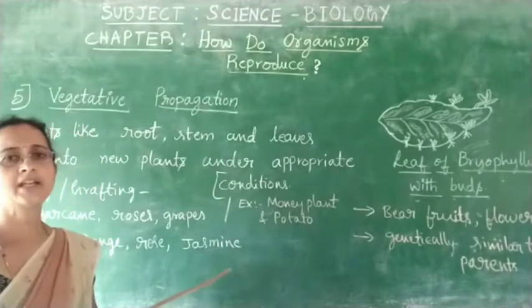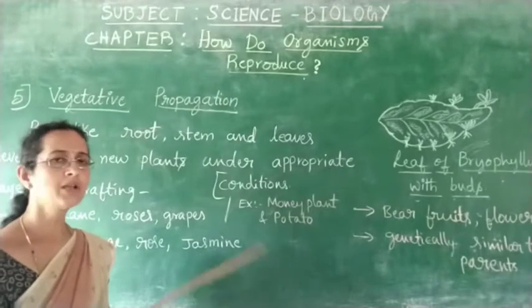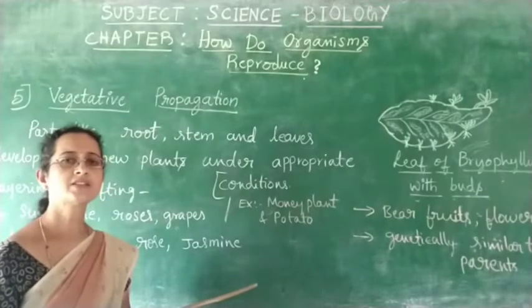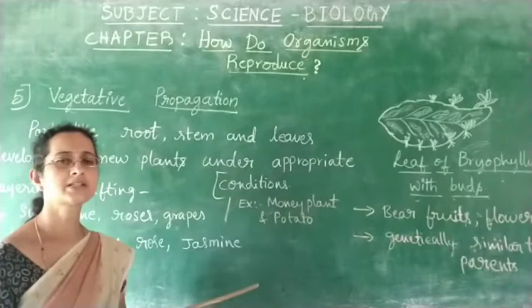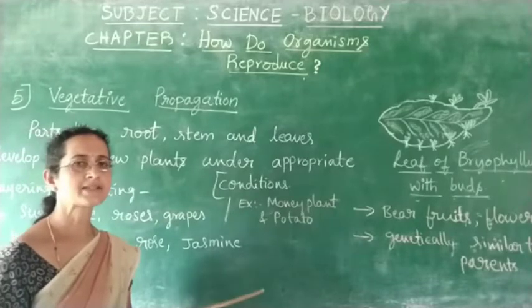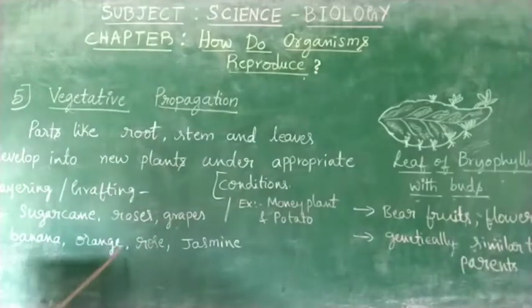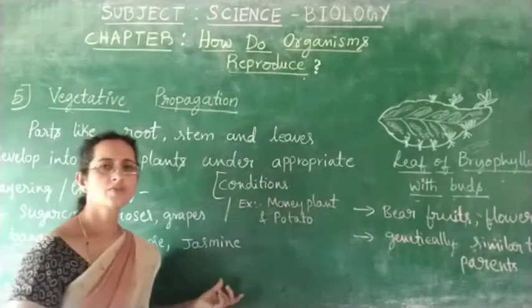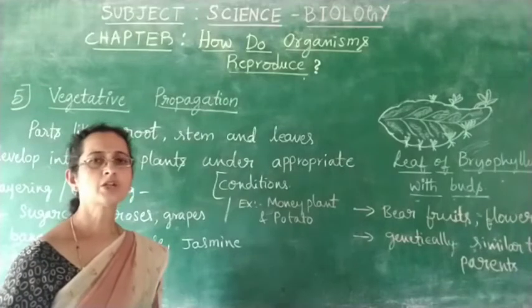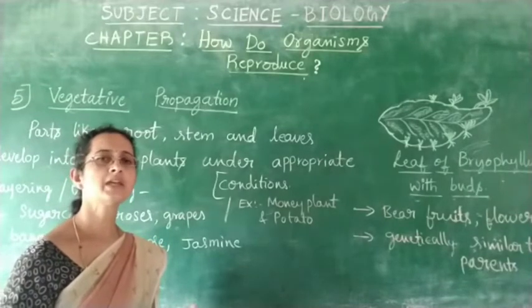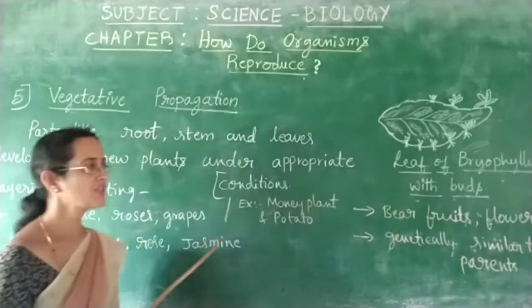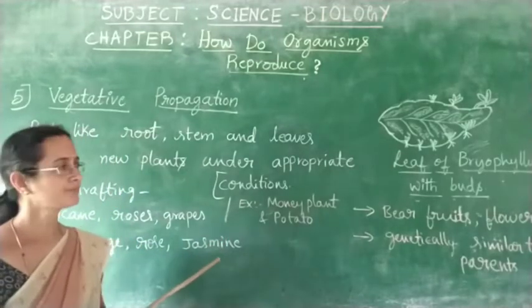The plants obtained here are genetically similar to their parental plants, showing all the characteristics of those parental plants. Some plants like banana, orange, rose, jasmine, which have lost the capacity to produce seeds, can also be developed with the help of this vegetative propagation method.